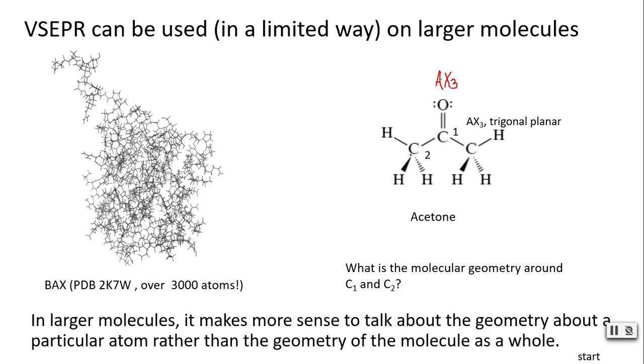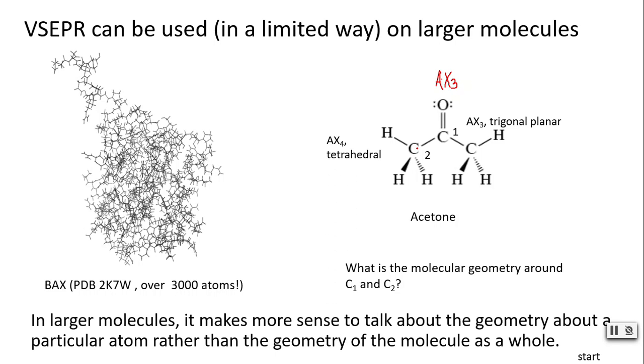Similarly, we can do something similar with C2, the second carbon. If I wanted to determine the VSEPR notation considering that second carbon as its center, that center carbon is attached to 1, 2, 3, 4 bonded groups, with no lone pairs of electrons on that C2.